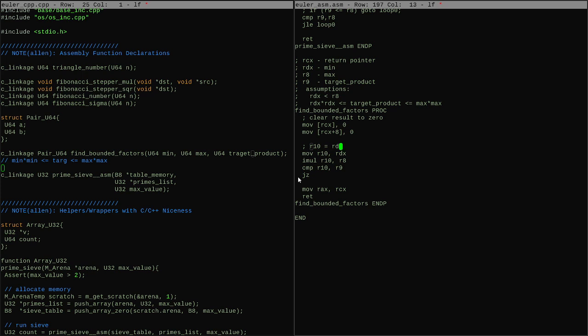R10 equals RDX times R8. Okay, now if R10 equals R9, go to return min max. If R10 is less than R9, go to too small.